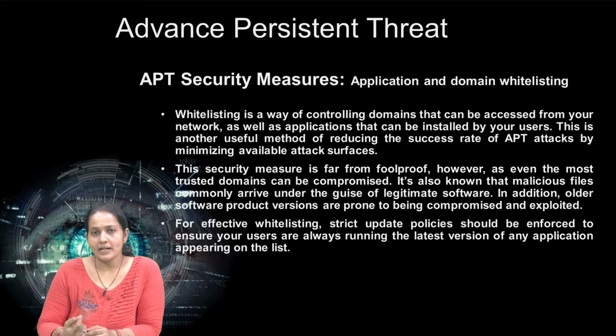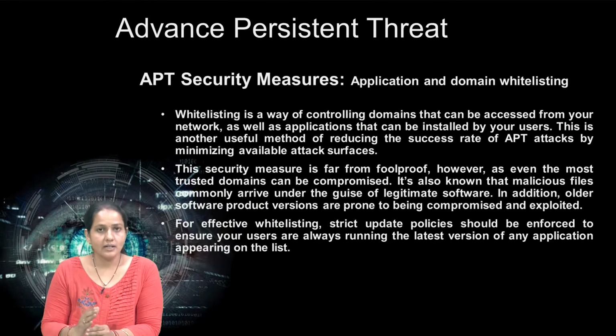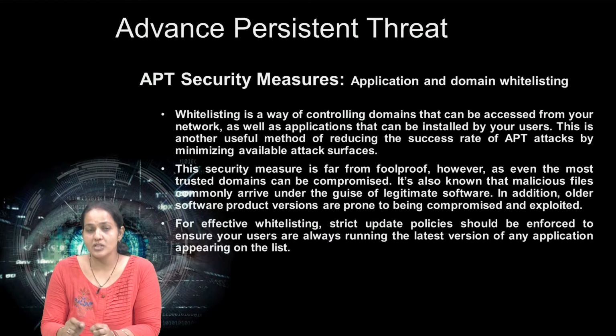So, application and domain whitelisting means whatever application access and domain access or installation you provide is on the whitelist. Outside of that, no node within that network can install anything. For effective whitelisting, a strict update policy should be enforced to ensure that users are always running the latest version.